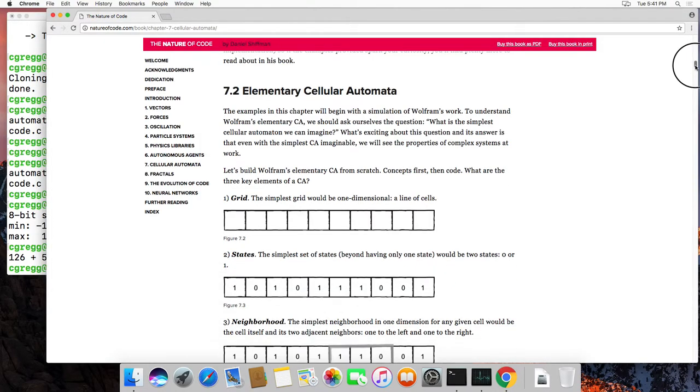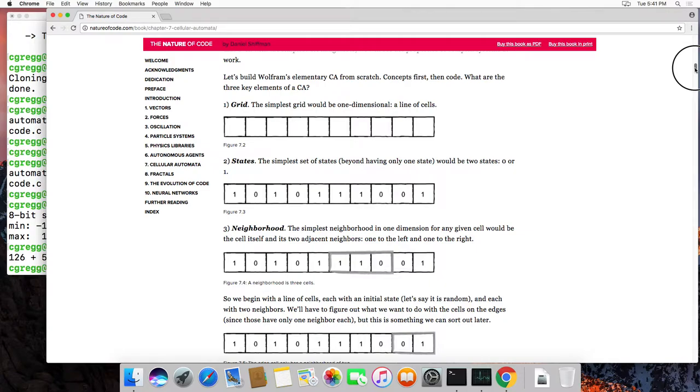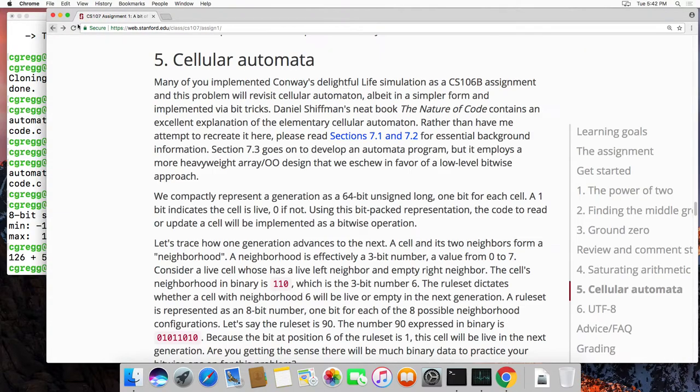And then it talks about the one-dimensional version right here, which is just going on a bit vector. So you are going to do the game of life based on an integer which represents the states of particular cells in this cellular automata. Go read that section and you'll get lots of information about that.